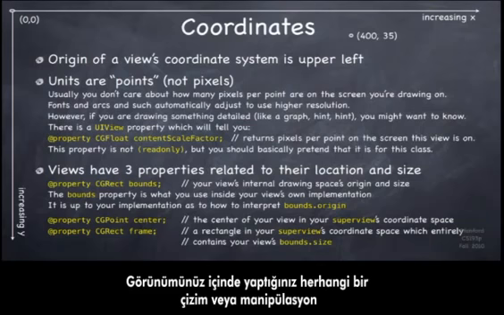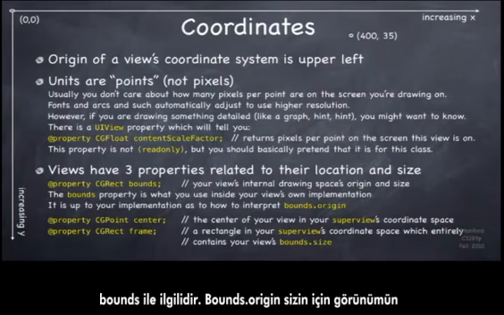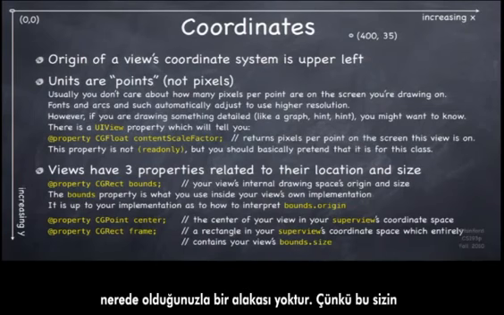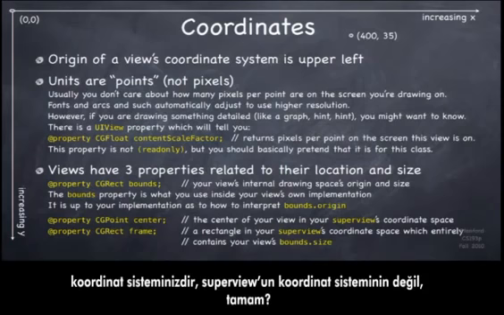All right? So the drawing that you're doing inside your view, or any manipulation you're doing inside your view, is always with respect to bounds. Now, the bounds.origin, it's kind of up to you to interpret what your view means by that, because it has nothing to do with where you are on screen. Because this is your coordinate system, not your superview's coordinate system.